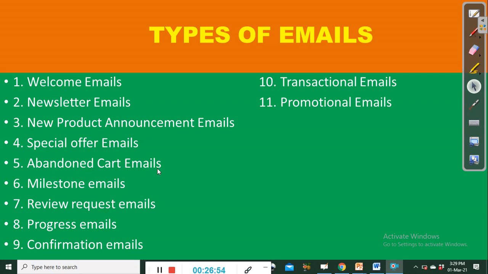Now, every email is an opportunity to communicate effectively with the customer and ensure that no communication gap is allowed.